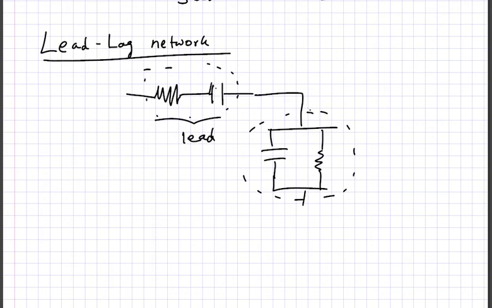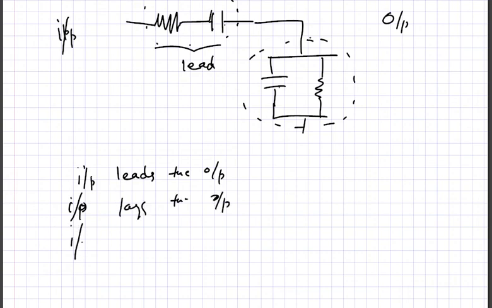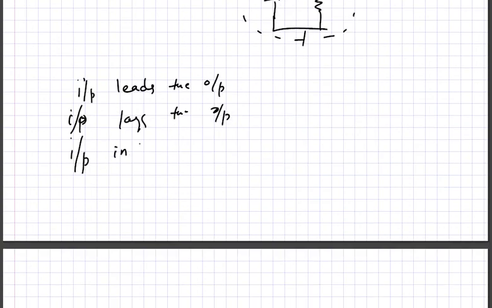If these two capacitors are not equal, then you can make the circuit such that the input leads the output, or the input lags the output, or the input is in phase with the output.